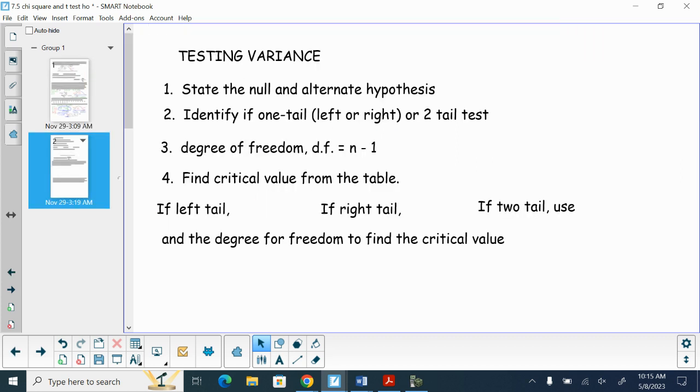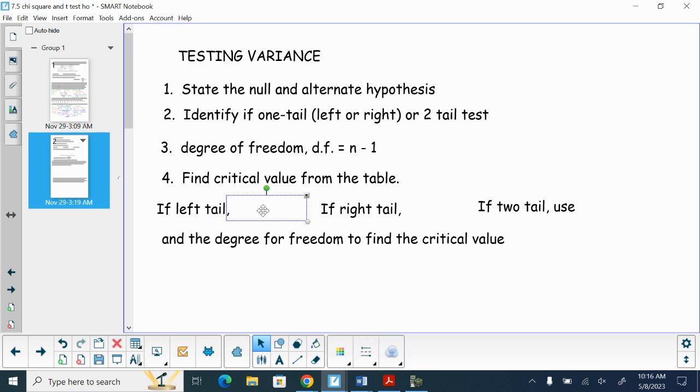We can also test variance and standard deviation. We state the null and alternate hypothesis. It's going to be the same. Identify one tail or two tail. Degree of freedom. Find critical values from the table. Now, how do we find our critical values from the table?